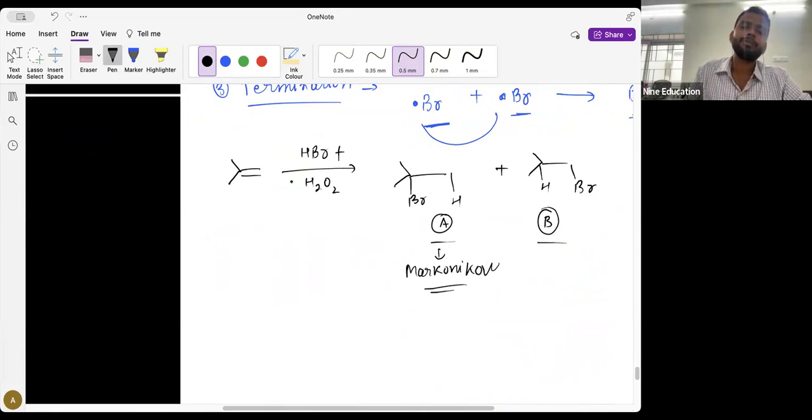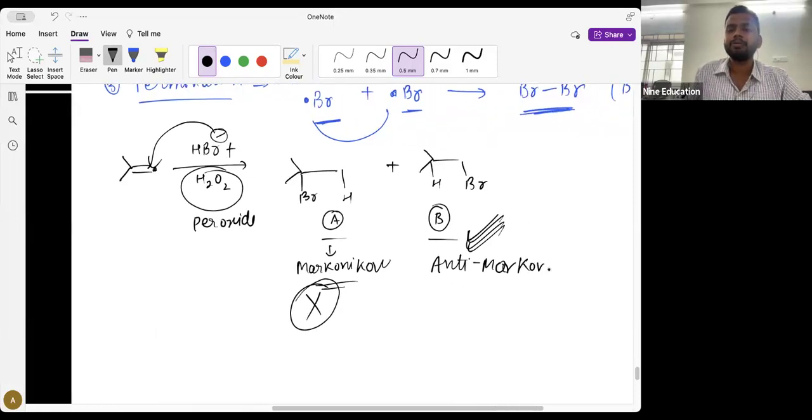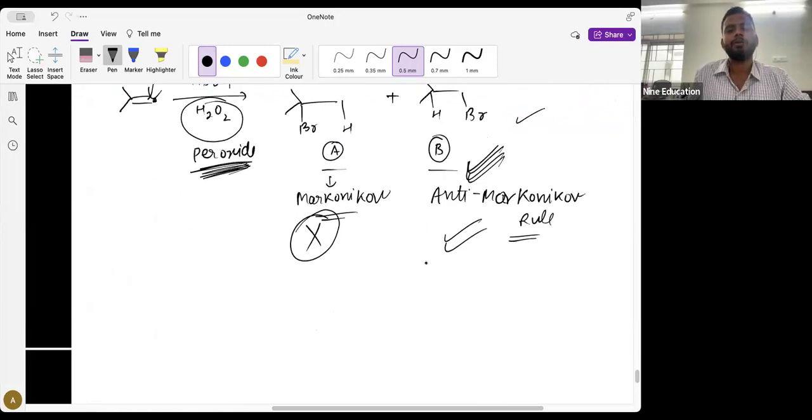But whenever we have H2O2, whenever we have peroxide, the more electronegative part will come at the less substituted side. So B will be our answer and A is not the answer, because B is anti-Markonikov. We have used peroxide in this reaction, so B will be our product and A will not be our product.